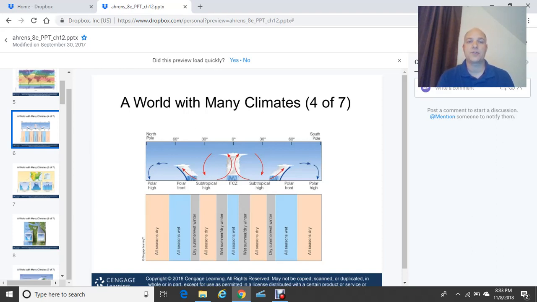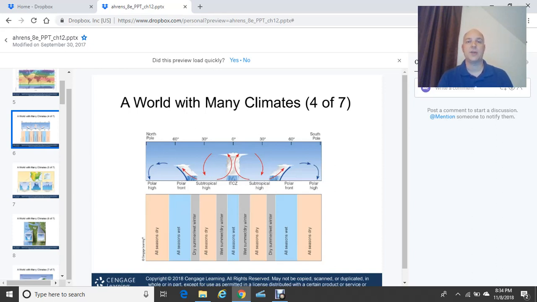That results in a lot of thunderstorms, a lot of rain shower activity, where the heating is the greatest. And then you have sinking air motion at 30 degrees latitude, 30 degrees north or 30 degrees south of the equator. There's sinking air motion, which results in those subtropical highs, and that results in much drier conditions when the air is sinking. A lot of our Mediterranean climates, like Italy, they typically enjoy the sinking air motion at around 30 degrees latitude. They enjoy a Mediterranean type climate because of that.